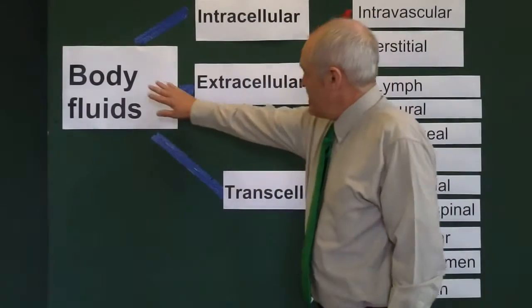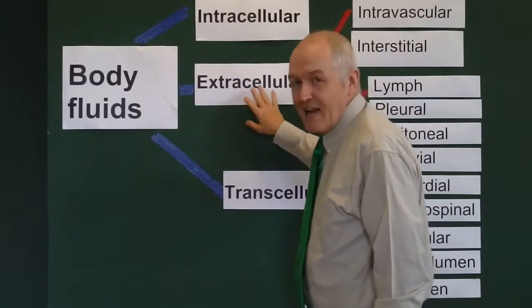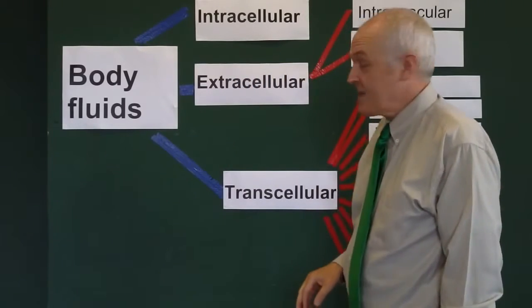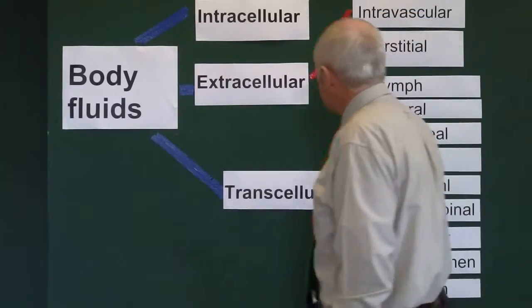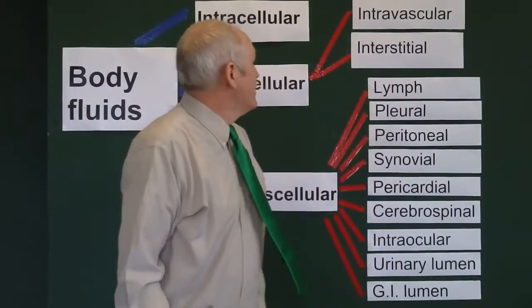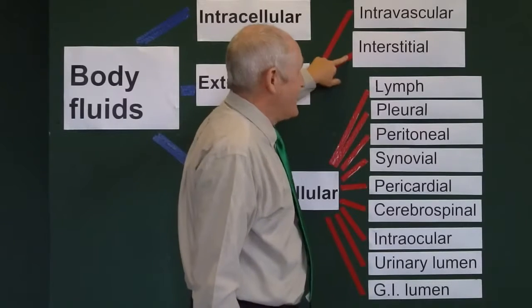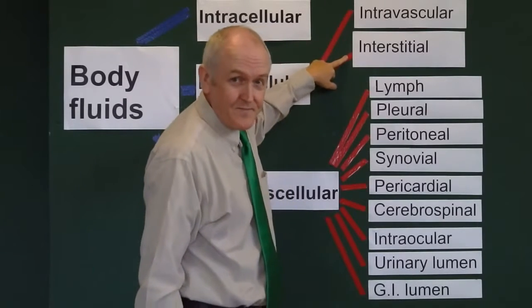Now, body fluid will also be extracellular, not inside the cells of the body. And here there's 2 main compartments. Here we've got the intravascular compartment and the interstitial compartment.